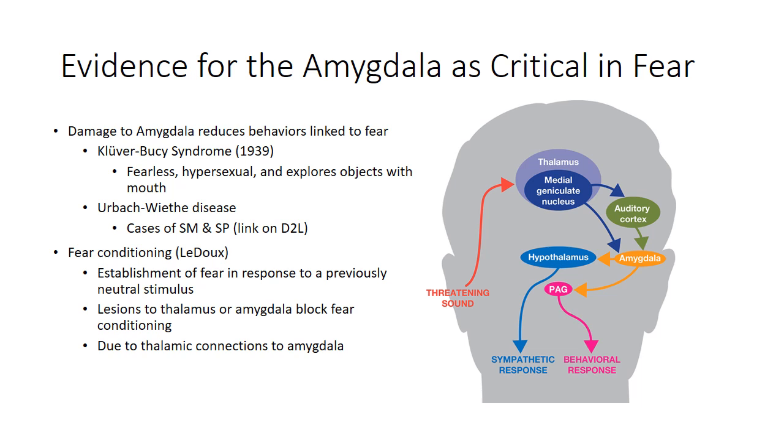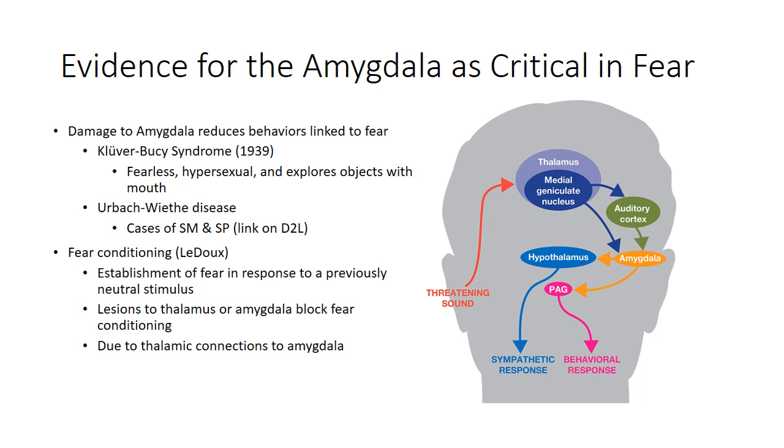In humans, there's a condition called Urbach-Wiethe disease, where there are a few cases, SM and SP, who've had damage to the amygdala through this particular disease, who also similarly display a lack of fear.